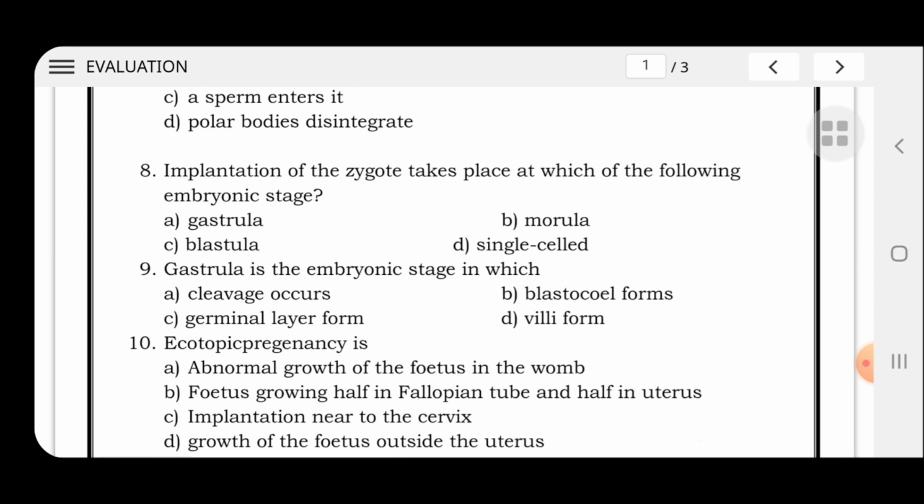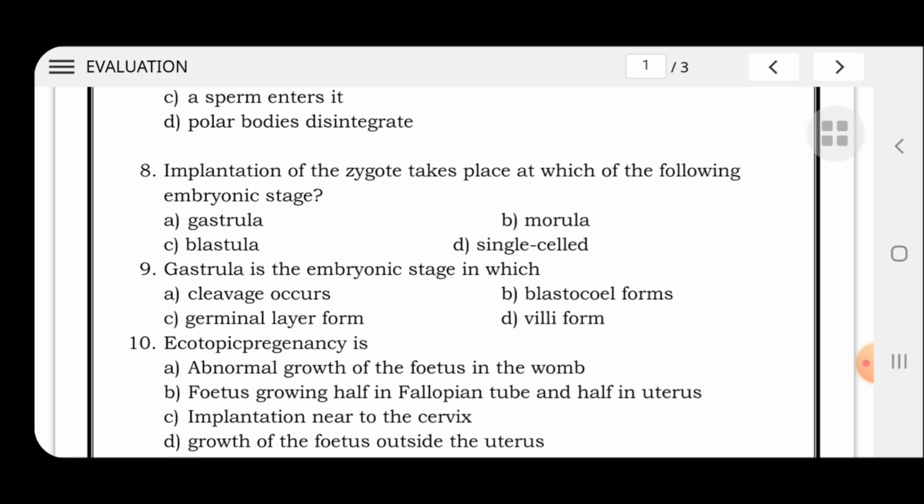Implantation of zygote takes place at which of the following embryonic stages? There are four embryonic stages given: gastrula, morula, blastula, and single-celled. A sperm fuses with the egg to form a zygote, which is called single-celled.